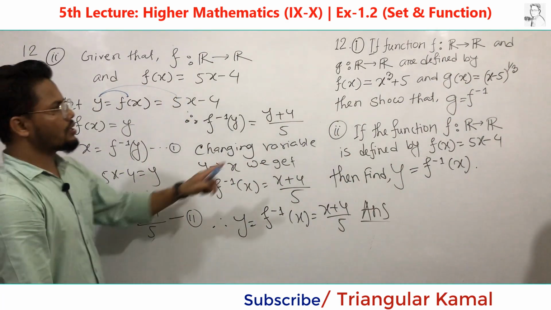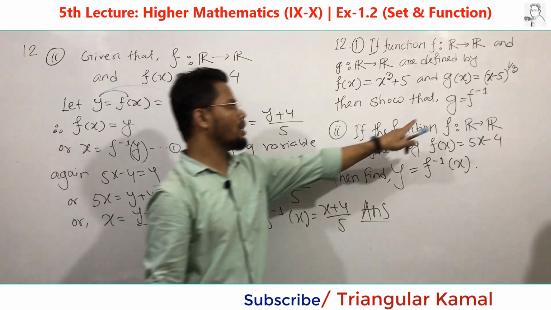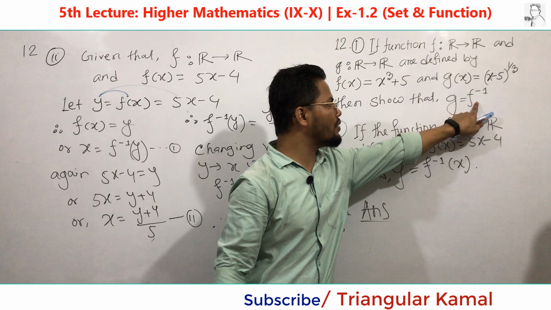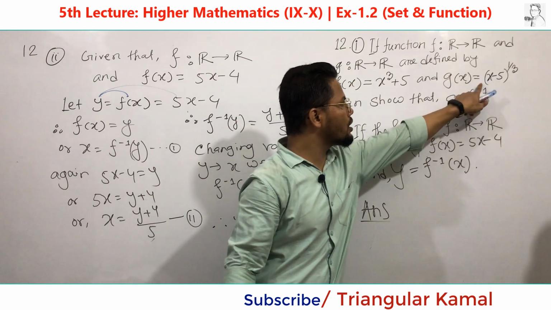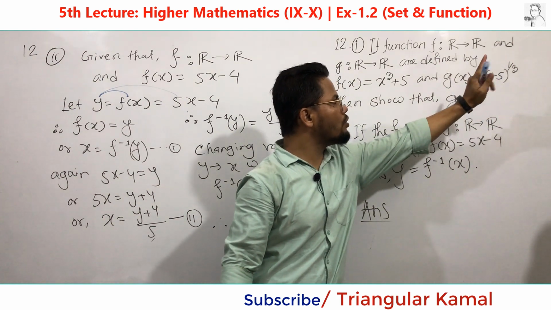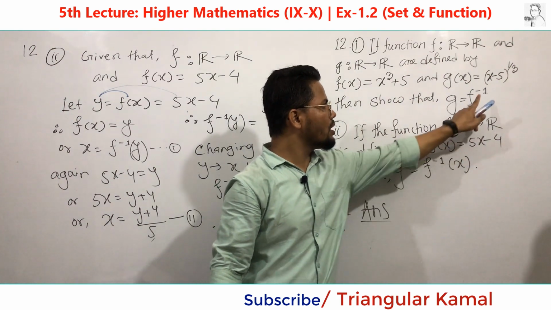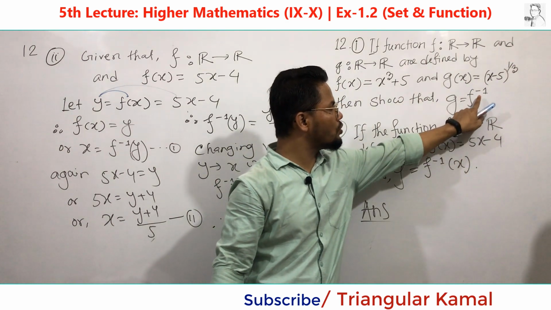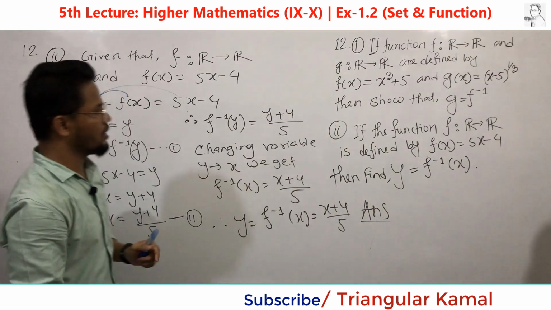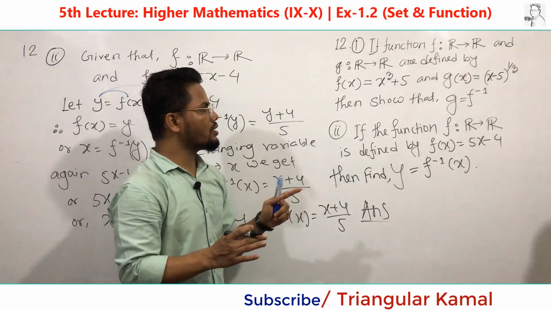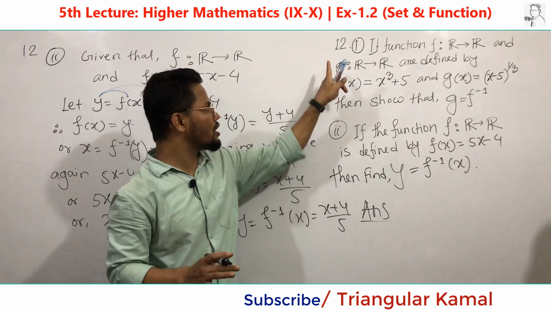So basically these two questions are the same. In the first, the requirement is f inverse x equal g, that means the inverse function will be equal to x minus 5 whole to the power 1/3, and here the requirement is just to find the value, and the information will be the same as g of x. But the procedure and the answer steps will be the same in question number 1 and question number 2.